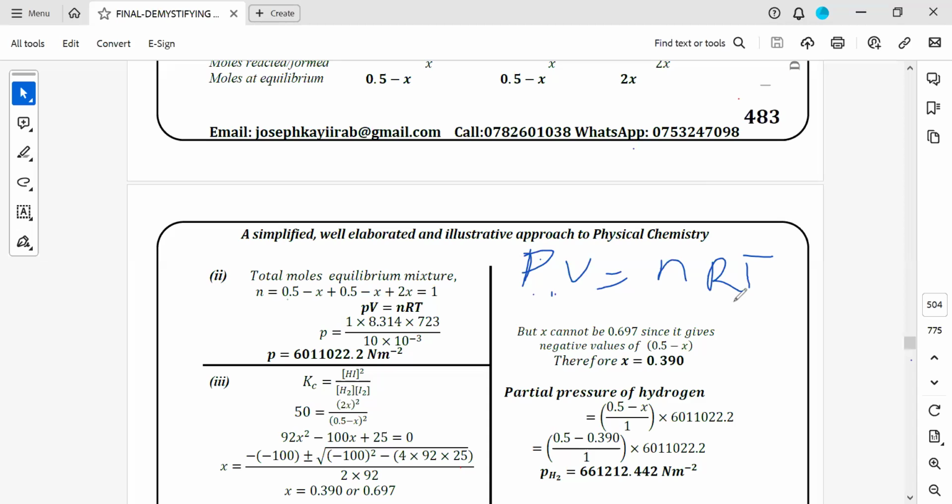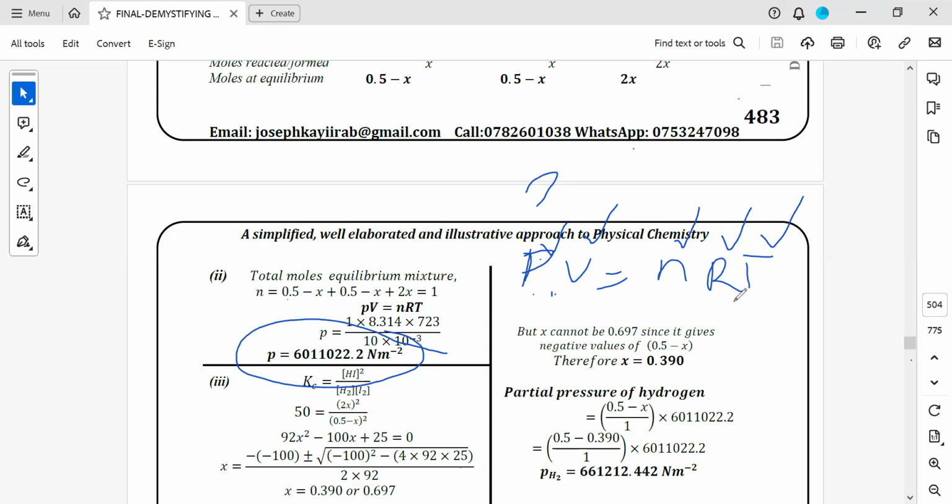So we are looking at pressure, we have the volume, we have the number of moles, we have the R, we have the T. So it means it can help us get the pressure. And I saw someone posting it in the chat. So you feed in those values and you're able to get your pressure at that point.